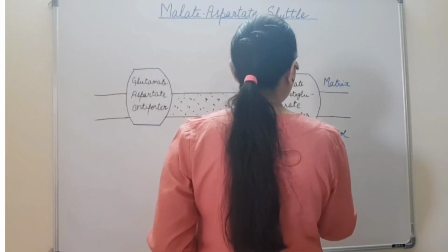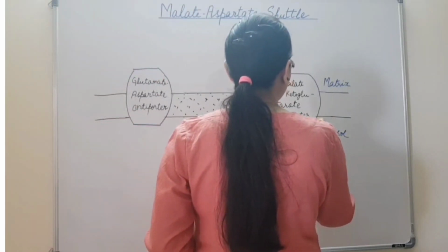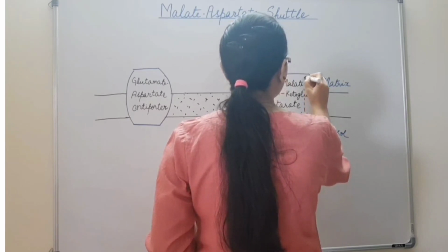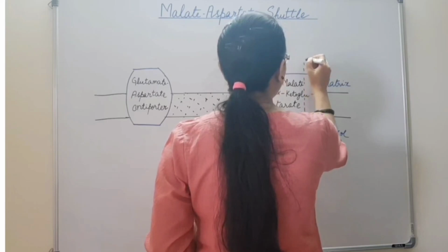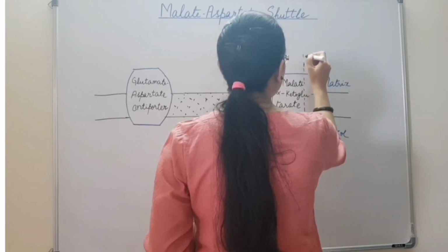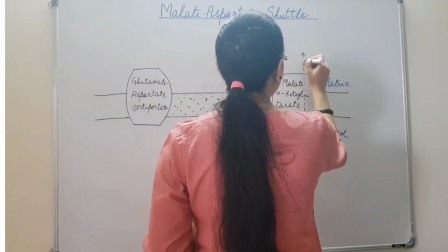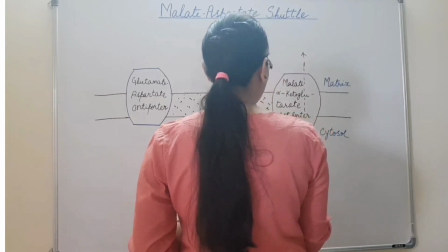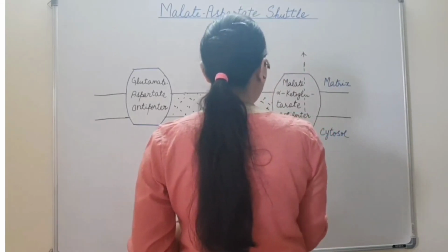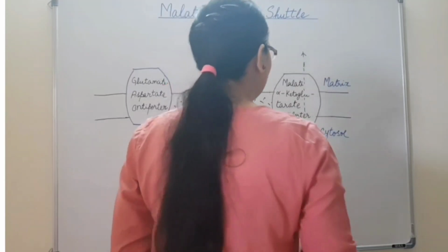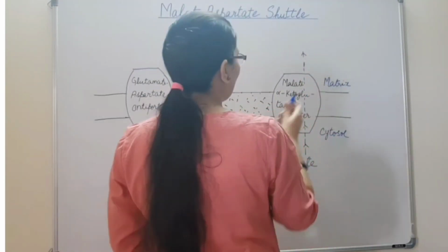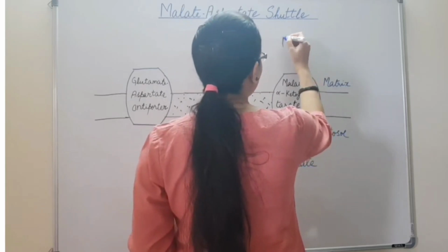This malate is then imported by mitochondrial matrix. That means this malate, which is carrying the reducing equivalent of NADH, is transported to the mitochondrial matrix.